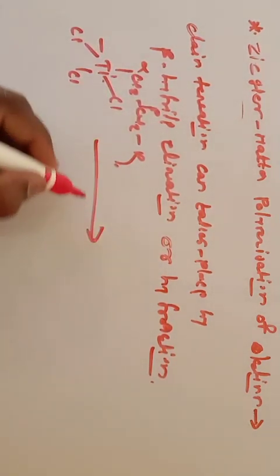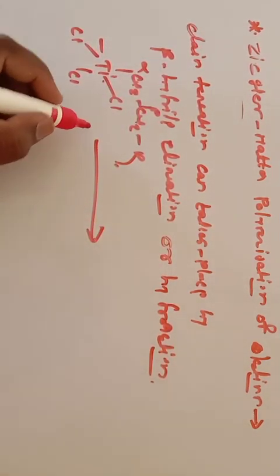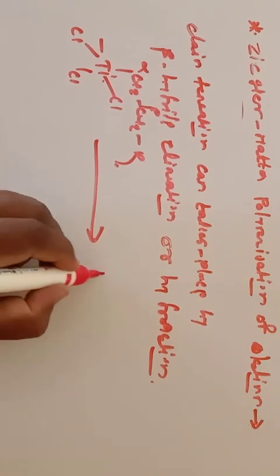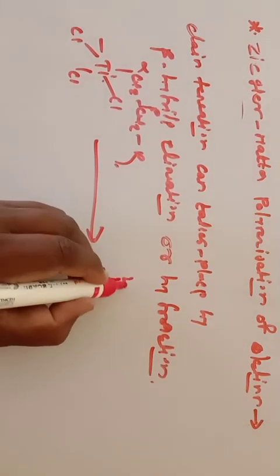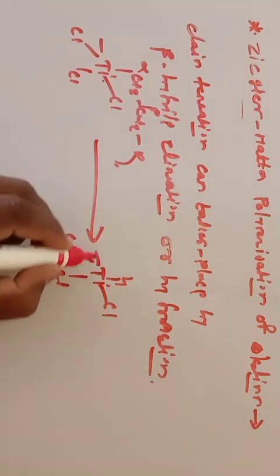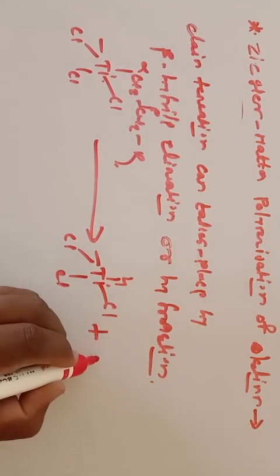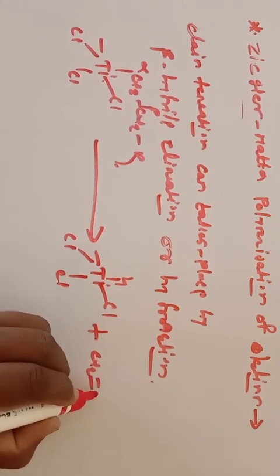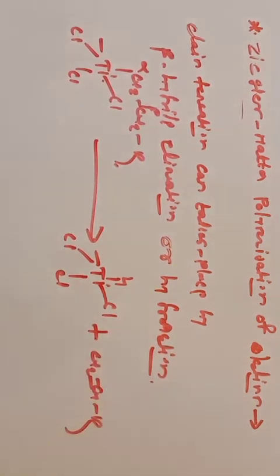Beta hydride elimination we already discussed. So the hydrogen is transferred from the beta position to the metal atom, and we get CH2 double bond CHR, that is termination of the polymerization by beta hydride elimination.